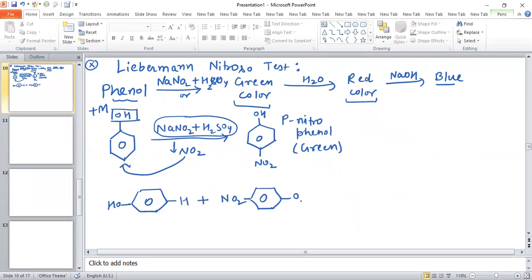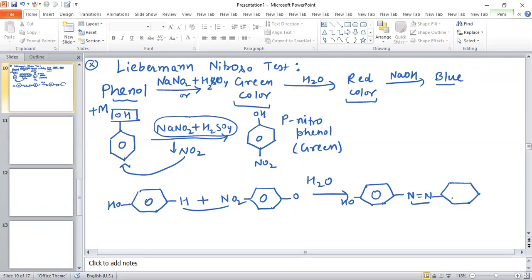Now see what happens. In the second step we have this green color, then we add water. When water is added, the reaction takes place between them. This is the OH group at this position, and it will convert into azo form, and the structure of benzene will also change.